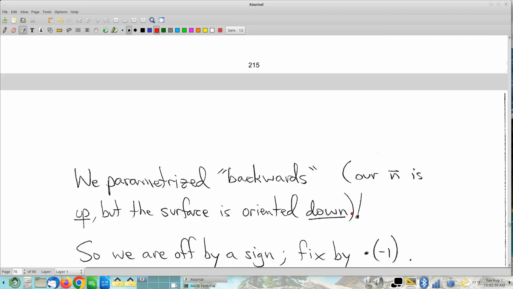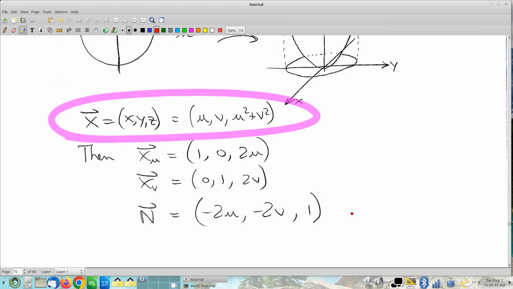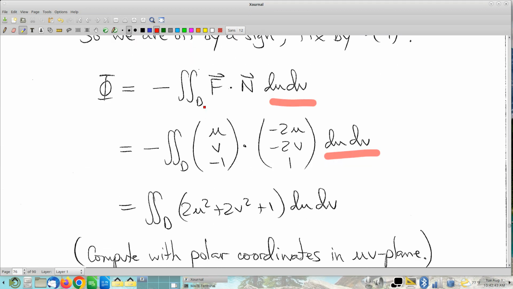How do I write x, comma, y, comma, minus 1? Well, parameterization tells me how to plug in. X and y are u and v. Right, so x, comma, y, comma, minus 1 becomes u, comma, v, comma, minus 1.